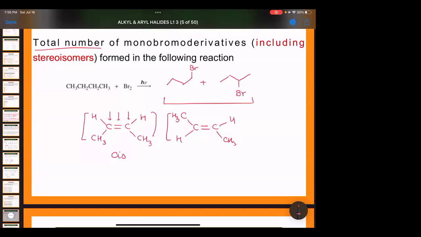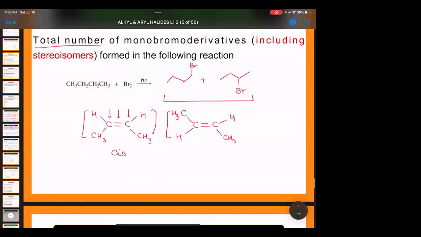But that doesn't mean that there is no difference. The difference is there. But is the difference with respect to the connectivity, or is it the difference with respect to the 3D arrangement? Yeah, it is the 3D arrangement in space. How these groups are aligned in space, that's what the difference is.